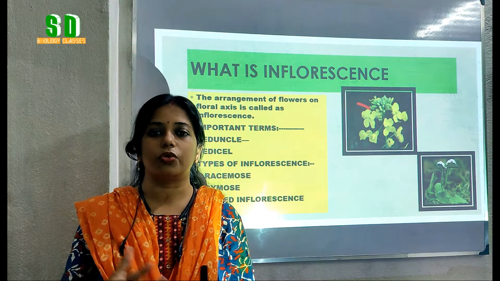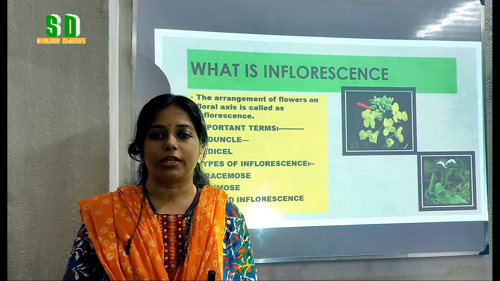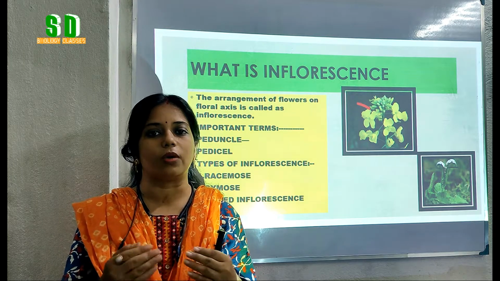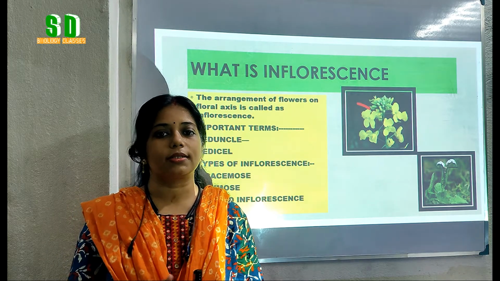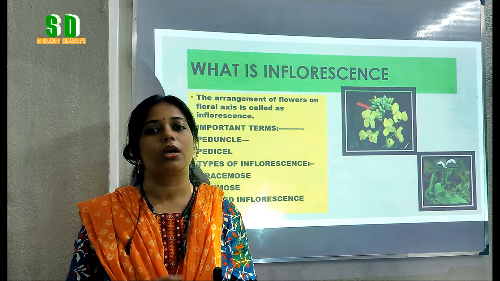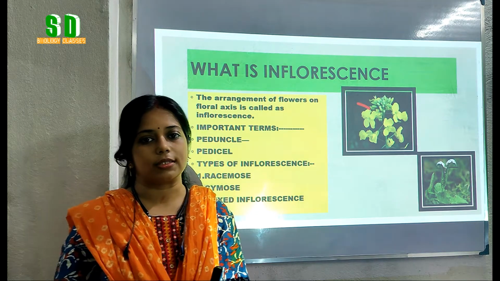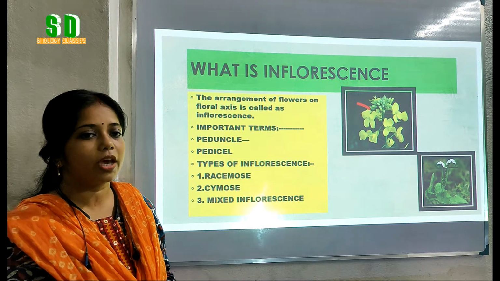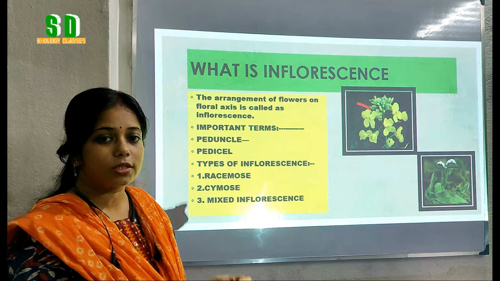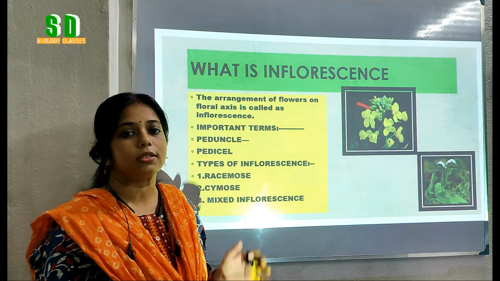When the flowers grow on the plants, we can see that there is a different axis where the flowers are arranged one after another. This axis is called the floral axis, and the arrangement of the flowers on the floral axis is called inflorescence.